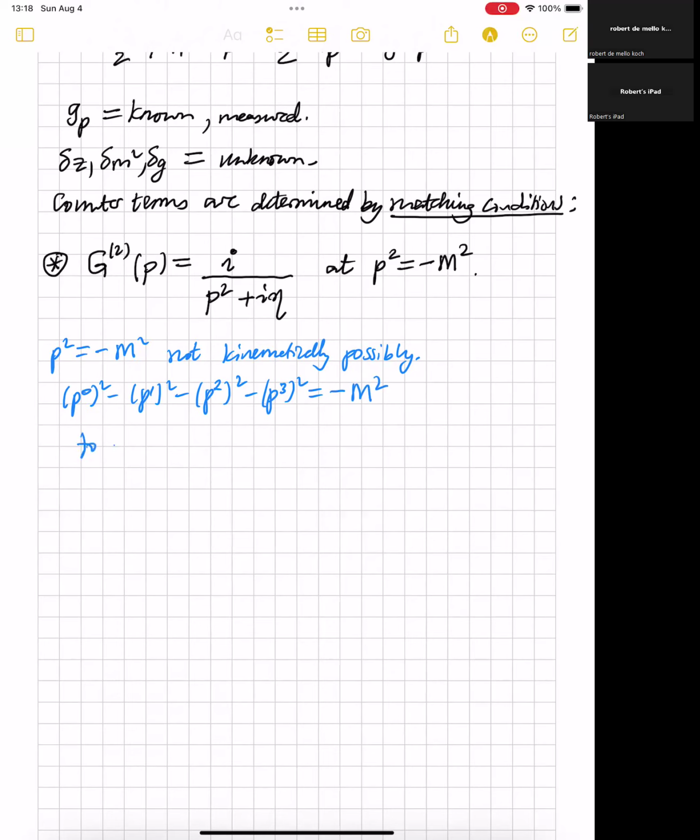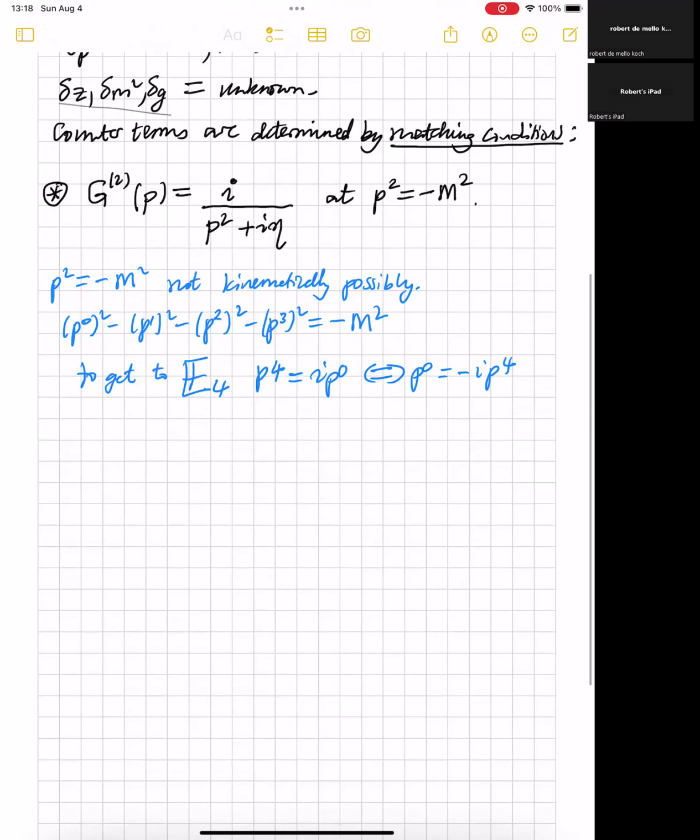So to get to our four-dimensional Euclidean space, what were we doing? We would do a Wick rotation, and that amounted to setting P4 equal to i P0, or equivalently, P0 was equal to minus i P4. Well, in that case, P0 squared becomes minus P4 squared.